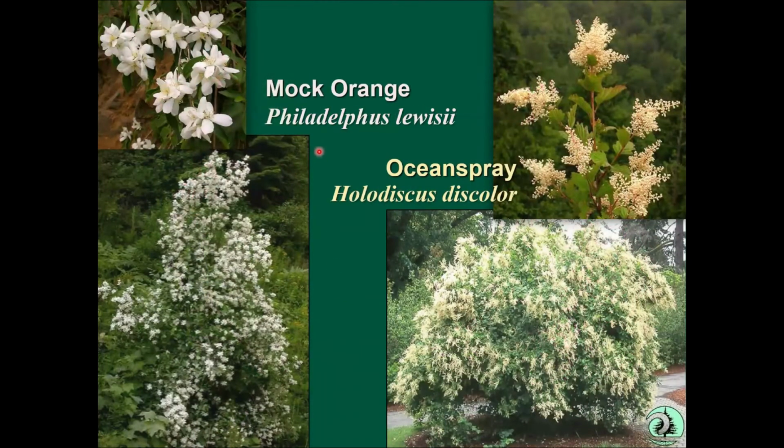Mock orange, Philadelphus lewisii, and ocean spray, Holodiscus discolor. These two can handle the dry soils. They have these white blooms. The mock orange is related to the lilac. They are fragrant and small, wonderful. Oh boy, when they bloom and you get some sun on them, oh, the scent is amazing.